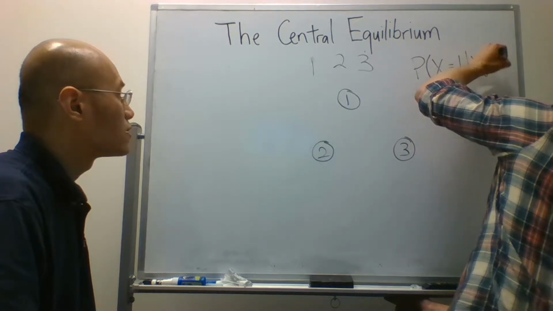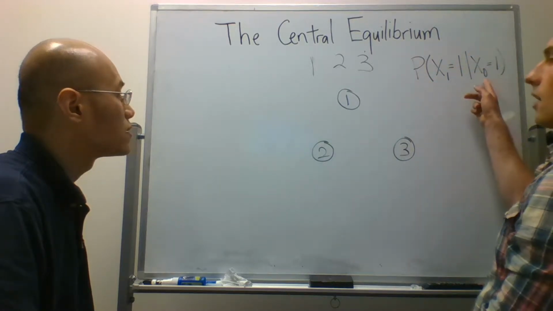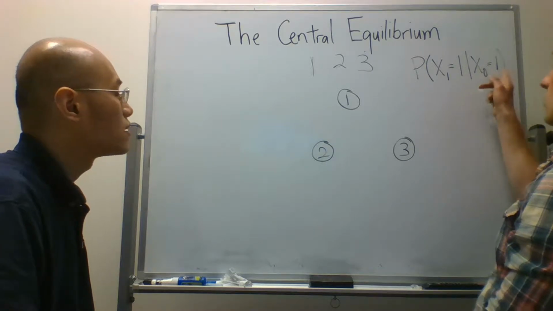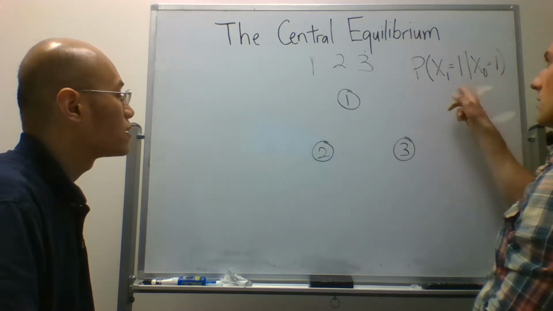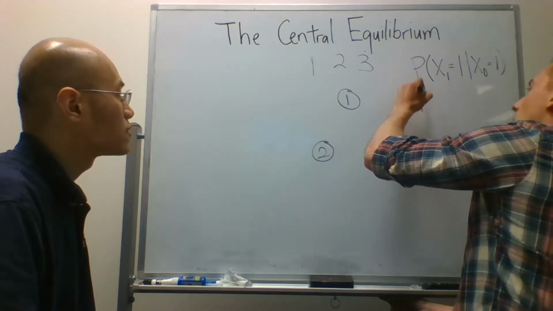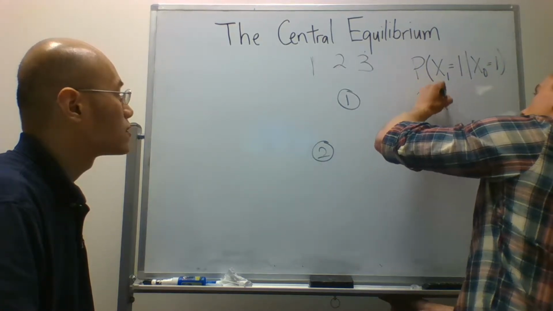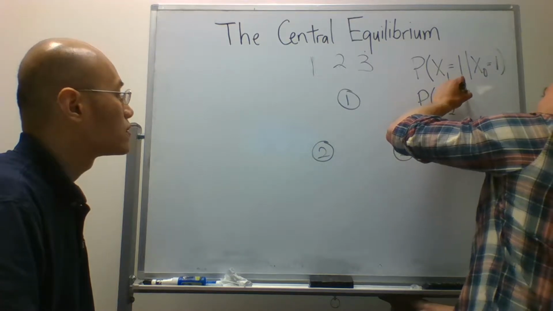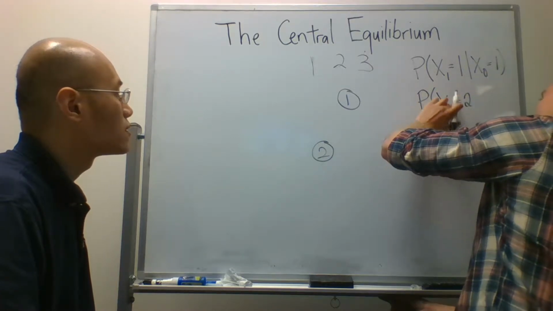So the first one is, if you're at 1 at time step 0, you can just stay at 1. Perhaps that's something we want to allow.